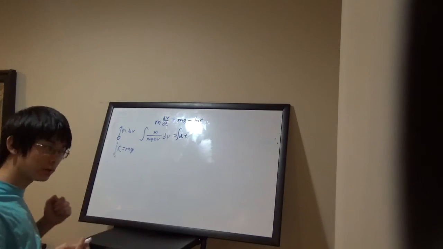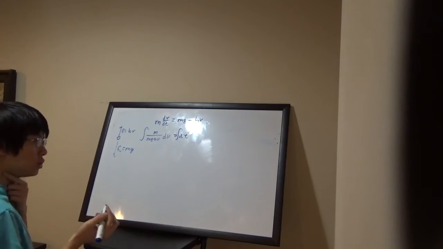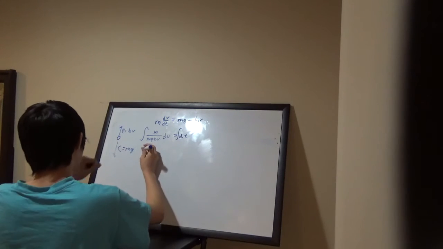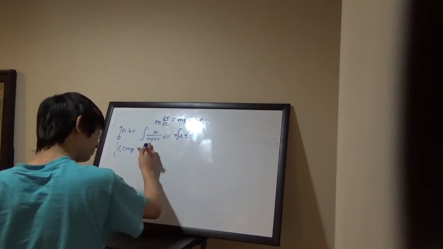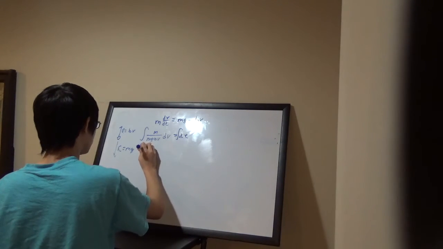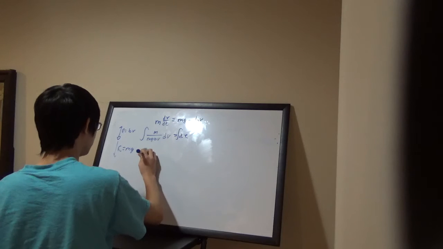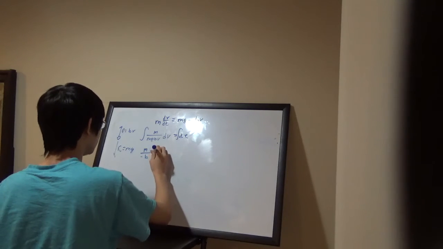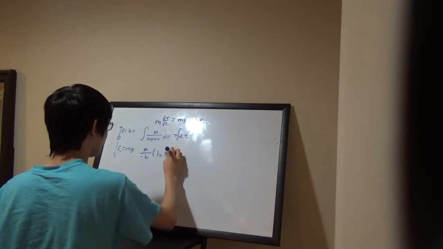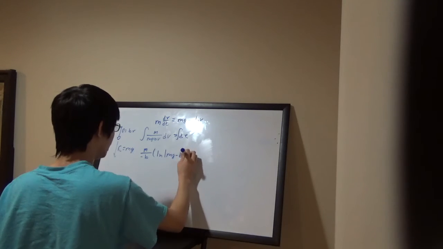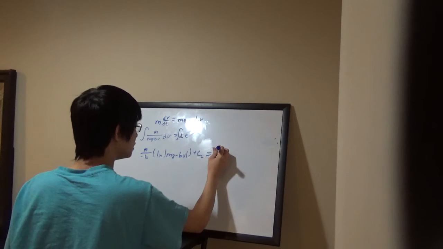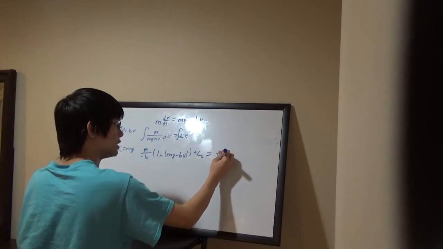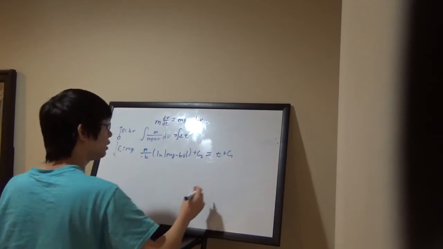This side, if you plug into an integral calculator or do some u substitution, you'll know is equal to m over negative b multiplied by ln of the absolute value of mg minus bv, plus some constant, we'll call c2, is equal to the integral of dt, which is just t, plus some constant c1.